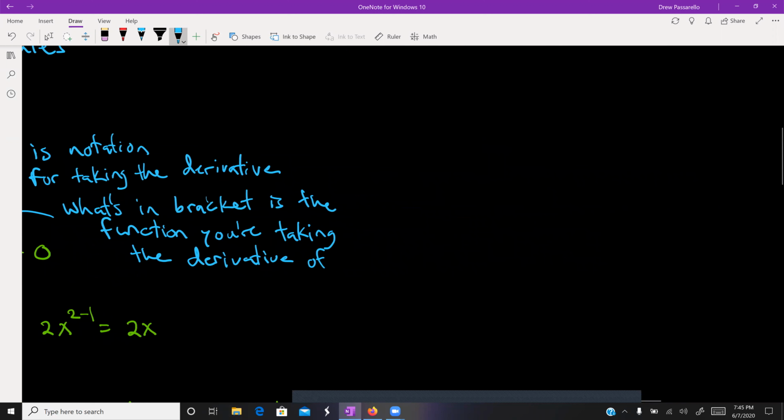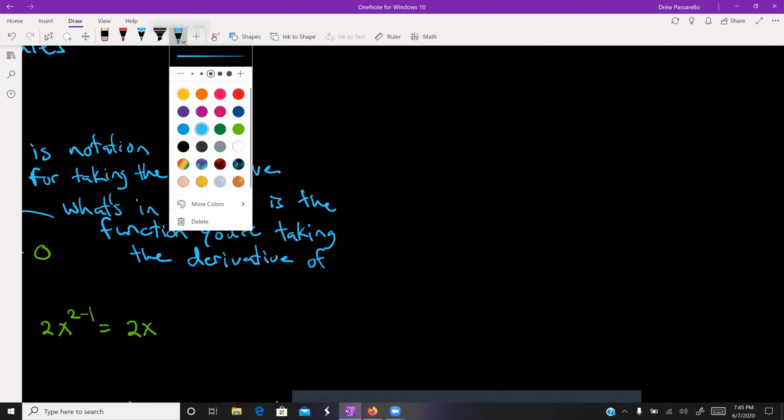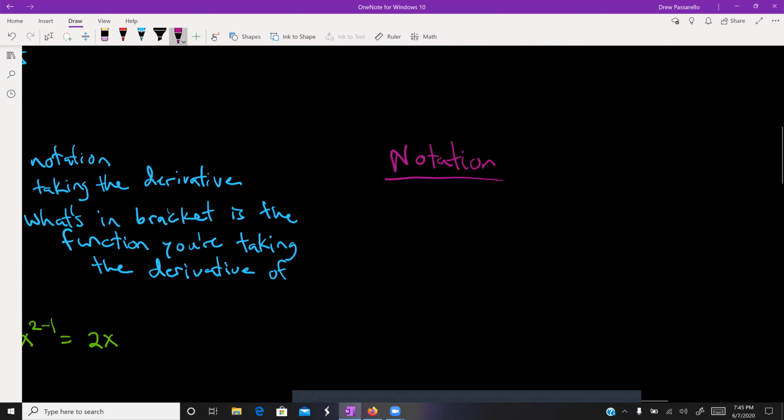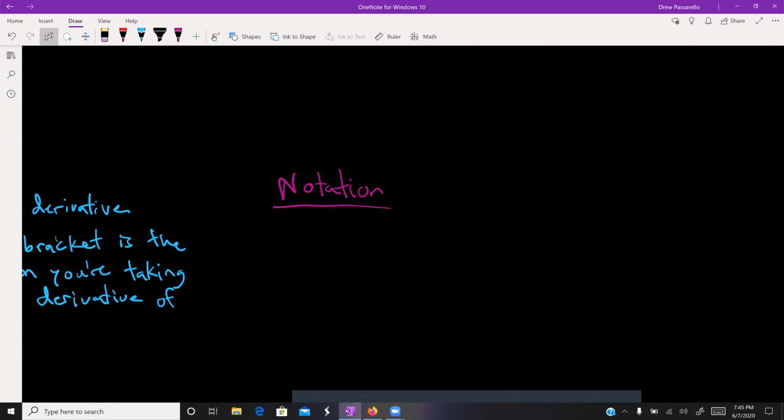Before I go over the other rules, this is just a recap of the notation for derivative that was addressed in the last section. Various notations are used. We just saw d dx.